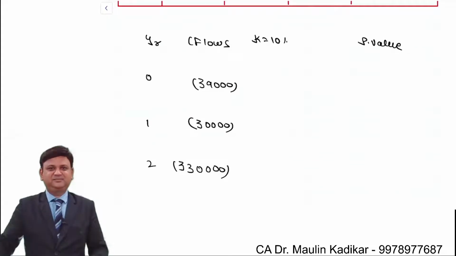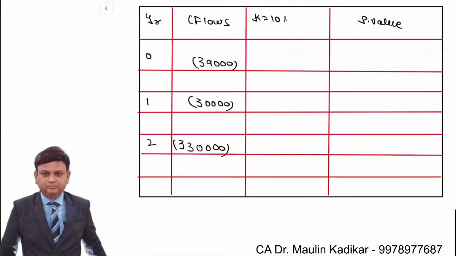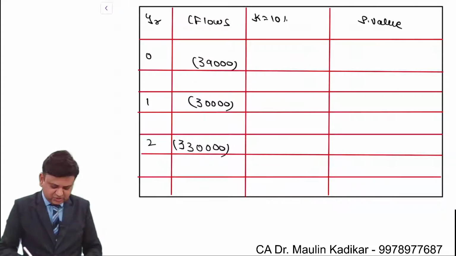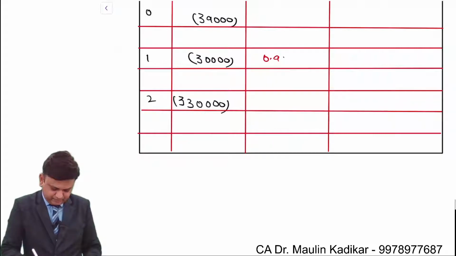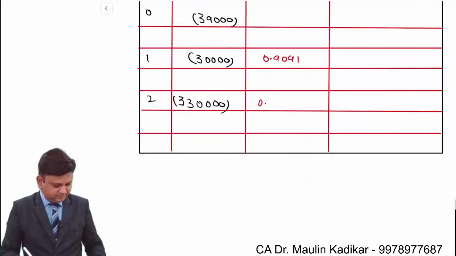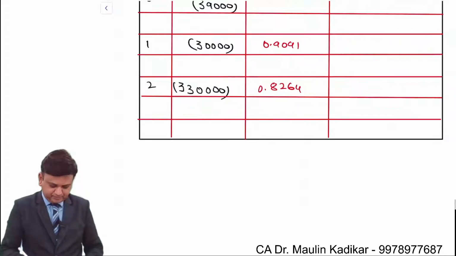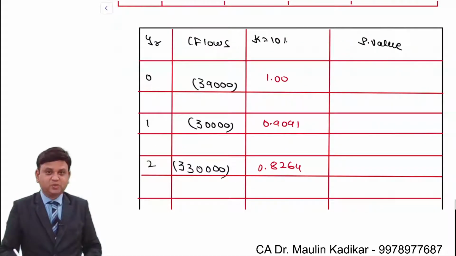Write the answer. So 10% discounting: 1 divided by 1.1. First year factor is 0.9091. Second year factor 0.8264. Year 0 factor is 1.